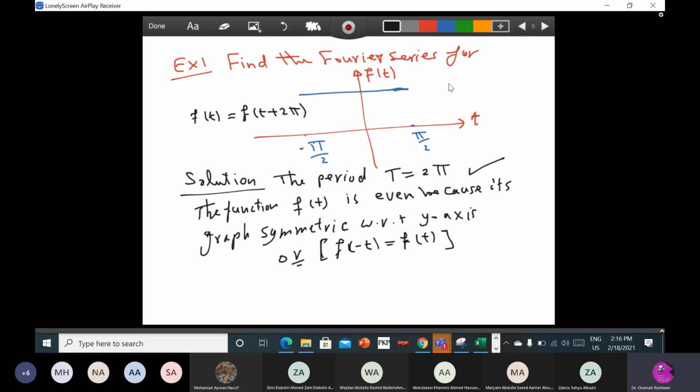But I don't have this function, I have to write it down because I'm going to integrate. I cannot integrate the graph. So I have to write my function f of t.